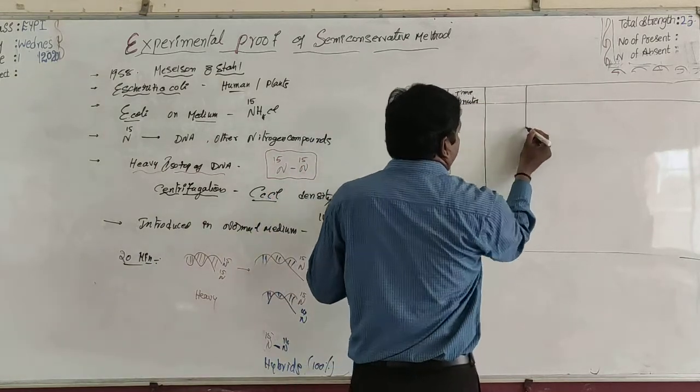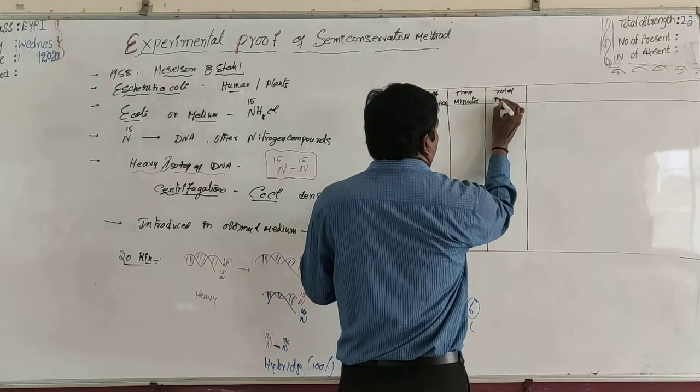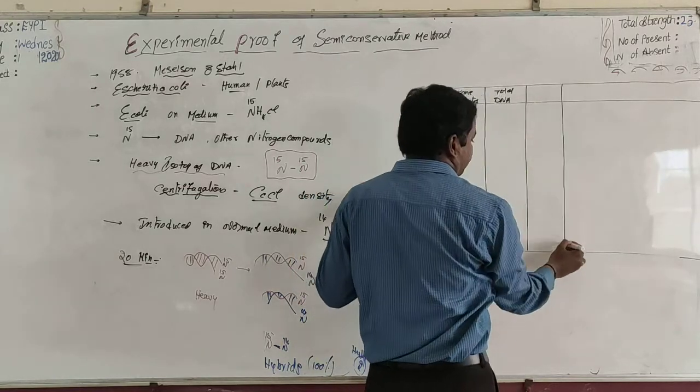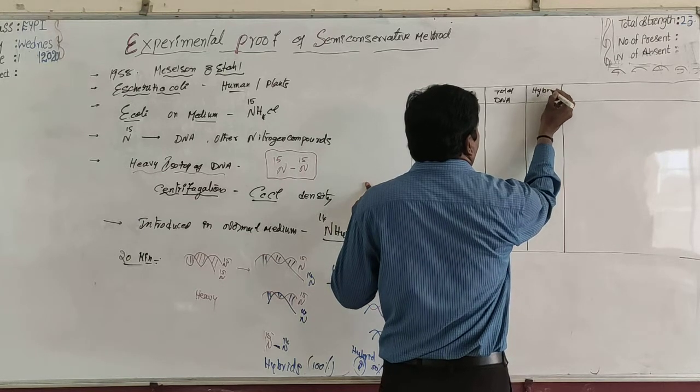Third column for total DNA. And fourth column for hybrid DNA.